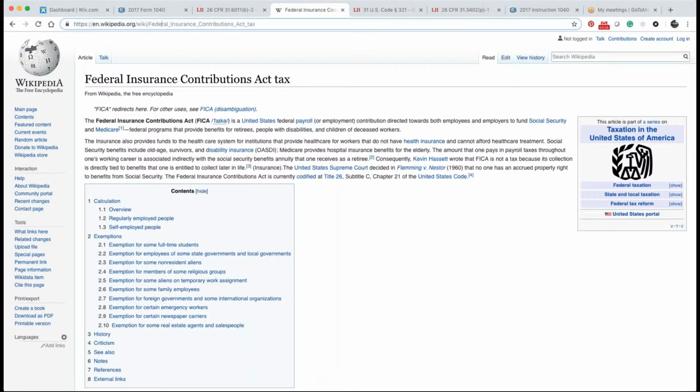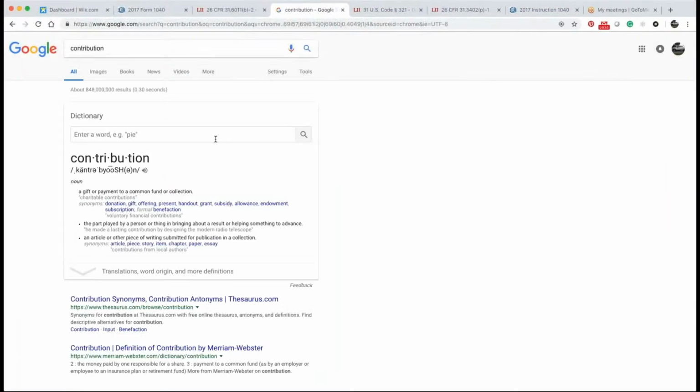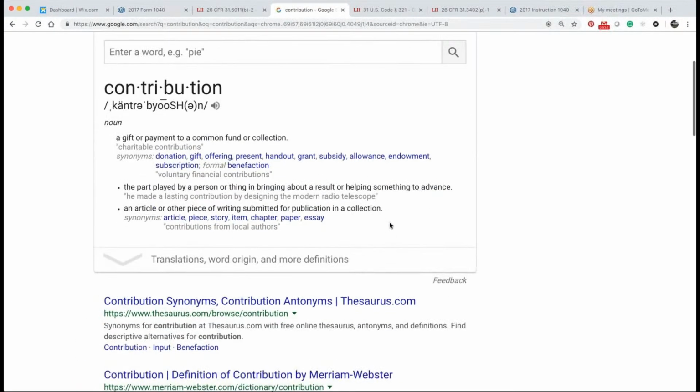So, what's the definition of a contribution? When I think of contribution, it's a gift or payment to a common fund or collection. Here are the synonyms. Is my screen big enough? I'll make it a little bigger. Donation, gift, offering, present, handout, grant, subsidy, allowance, endowment, subscription, benefaction. So by their definition, FICA is a gift.